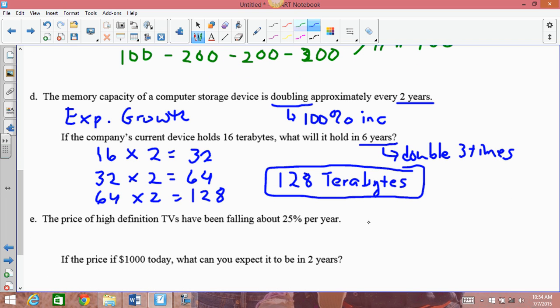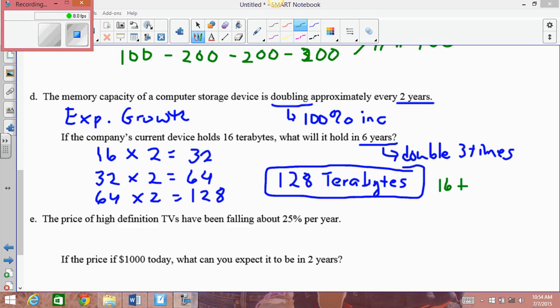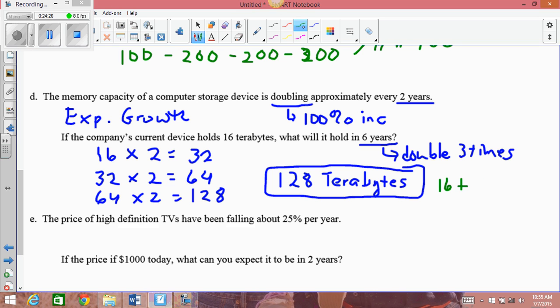If you wanted to work through the formula with that one, it'd be your original amount plus your percentage. Like I was saying, your original amount would be 16 plus your percentage is 100%. So 100% changed to a decimal would just be 1, times 16.